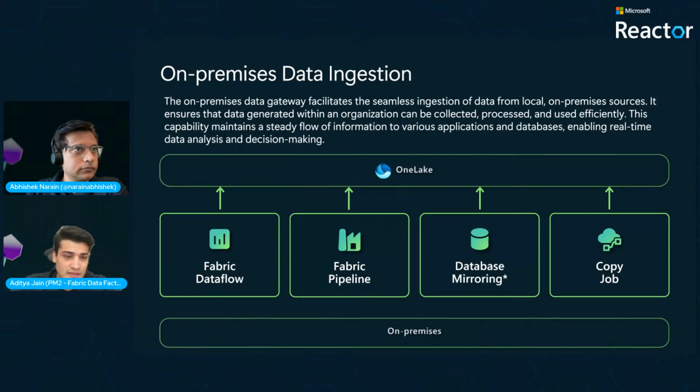And within Microsoft Fabric Data Factory, the on-premises data gateway maintains a steady flow of information to OneLake, enabling real-time, powerful data integration capabilities in Fabric Data Factory workloads like dataflows, pipelines, copy job, and now data mirroring as well.